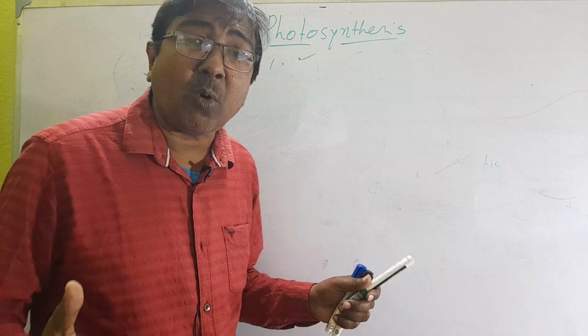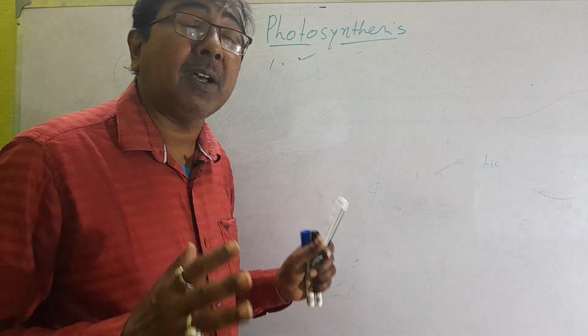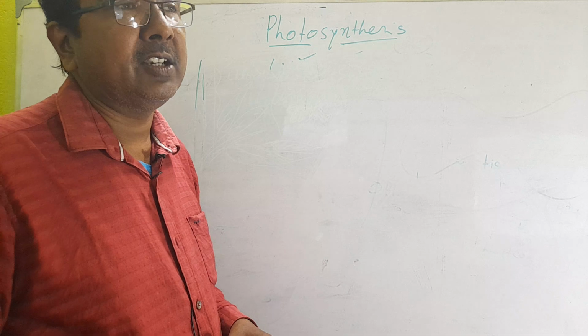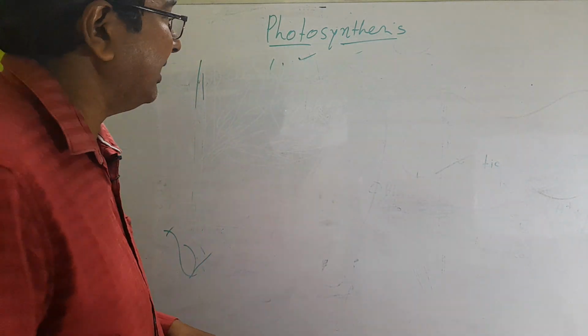Next, where does photosynthesis occur? Photosynthesis occurs in the chloroplast. Chloroplast is the site of photosynthesis. So you have to know the important structure of the chloroplast.